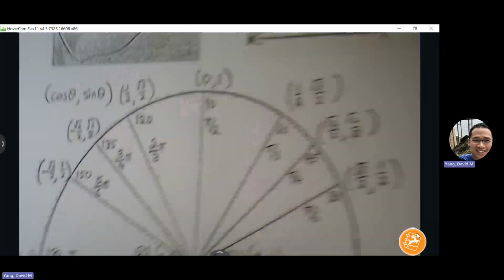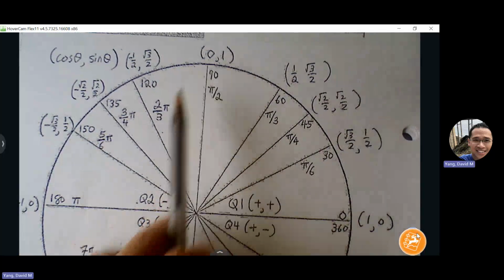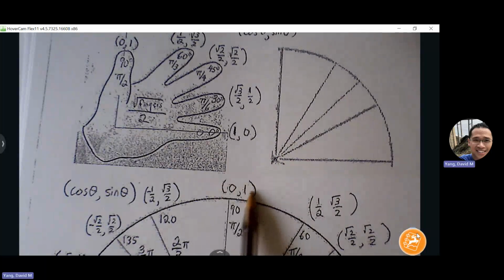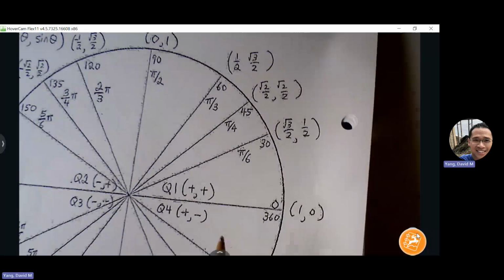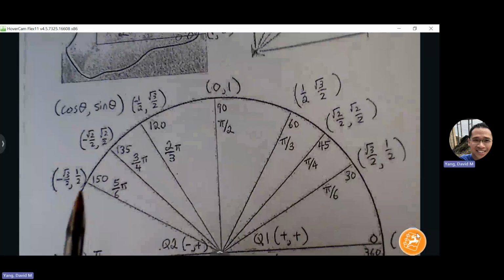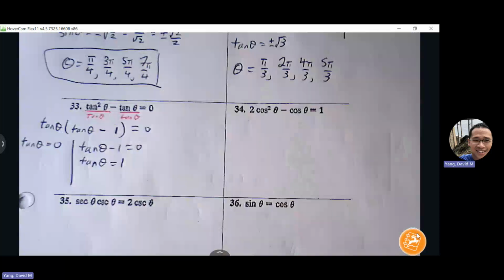So 0 is going to have to be along the y-axis or along the x-axis. If I do the y-axis, 1 over 0, y over x, is that a real number? That's not a real number, right? So the only 0 I'm going to get is y over x here. 0 over 1, that makes sense. That's a real number. And this also makes sense here as well, right? 0 over -1. So at 0 and at pi.